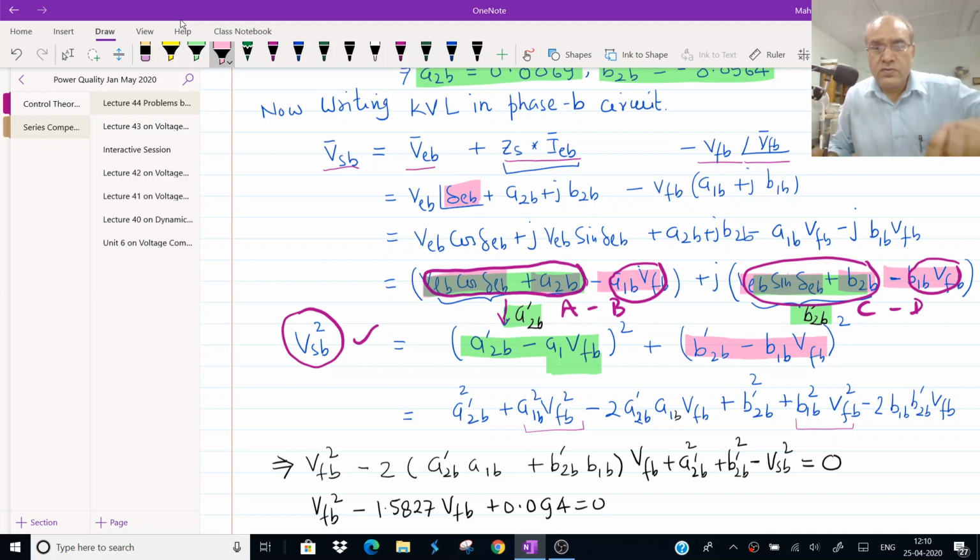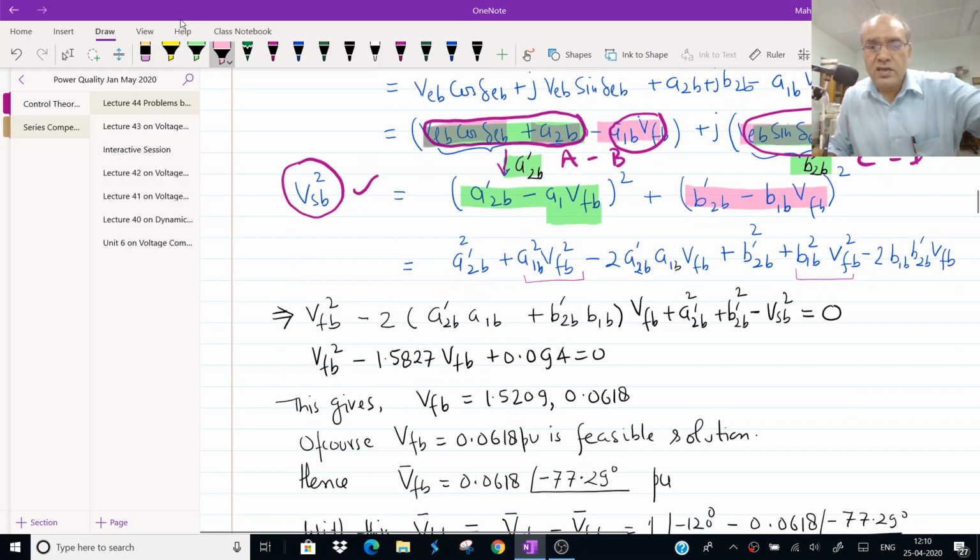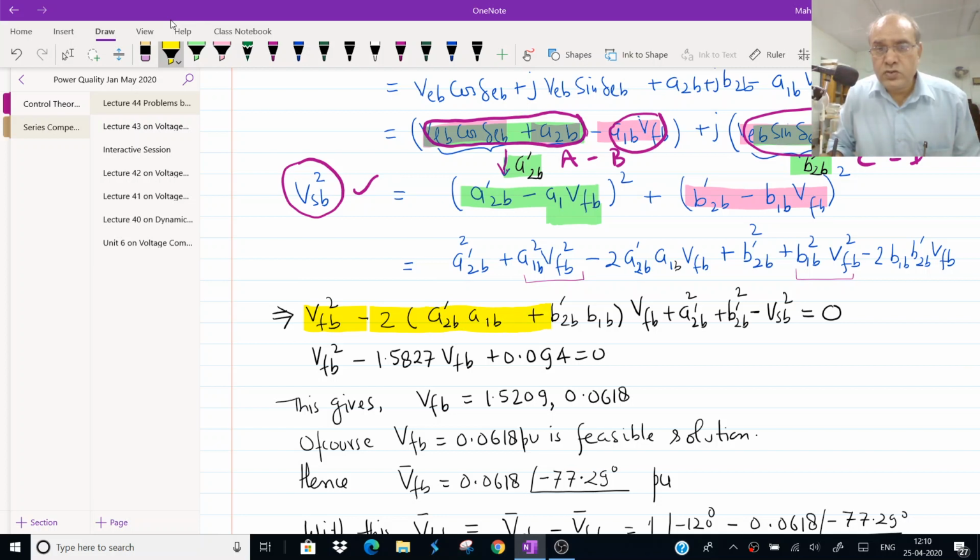Okay, so if we simplify this, we will get a new equation like this: VF squared minus 2 in bracket A to B dash A1B plus B to B dash B1B into VF, and then the constant term is A to B dash square plus B to B dash square minus VSB square.